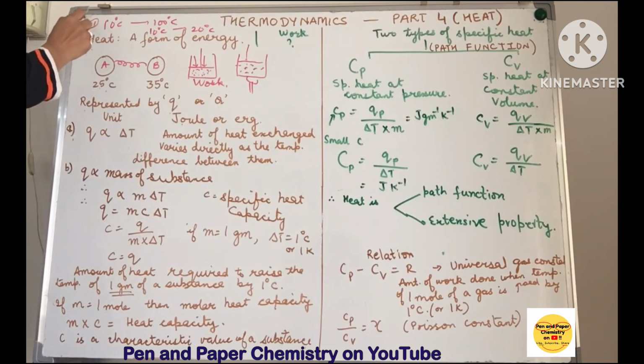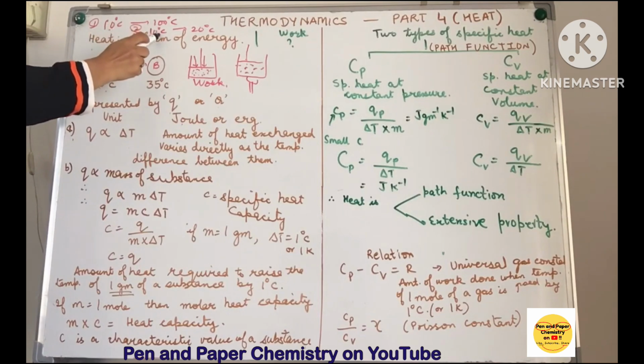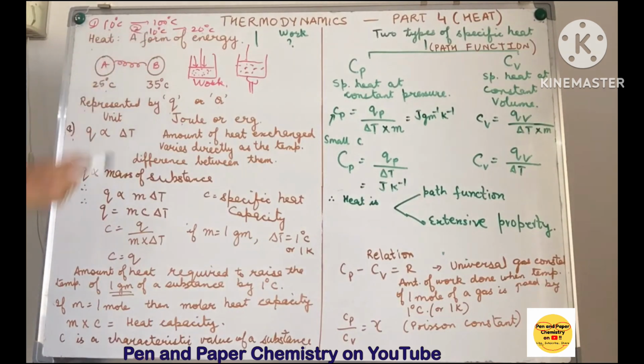The first, where the rise in temperature is 100 minus 10, that is 90. Or second, where the rise in temperature is simply 20 minus 10, that is 10 degrees Celsius. Obviously, more the temperature difference, more is the amount of heat required. So Q is directly proportional to the difference in temperature. Because we are talking about difference in temperature, we can say in Celsius or Kelvin, the magnitude, the physical value remains the same.